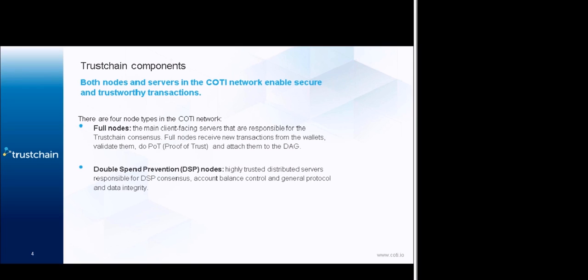The full node is responsible for attaching transactions to the DAG, validating them, propagating them to the network, executing the proof of trust, and also collecting network fees. The second type of nodes are the DSP nodes, the protection layer, which are highly trusted nodes responsible for reaching consensus on account balance and also data integrity.